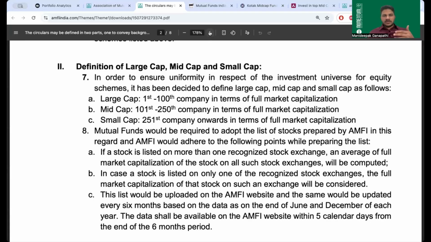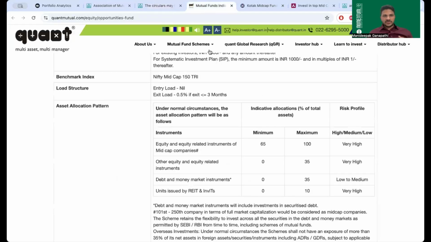Now, let me talk about the allocation further. Here, as you can see, at least 65% of the allocation should go into mid-cap companies. A maximum of 35% of the investment can go into other equity and equity-related instruments. So it could be large cap, it could be small cap, any kind of companies, but equity-related up to 35%. But the minimum could be 0%.